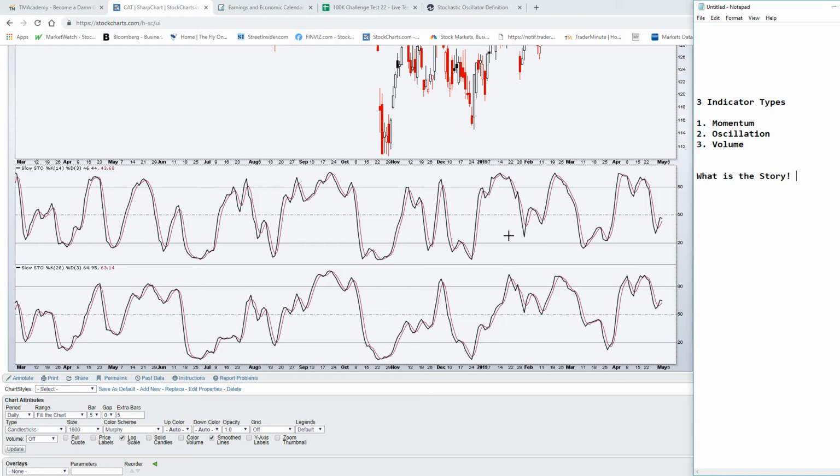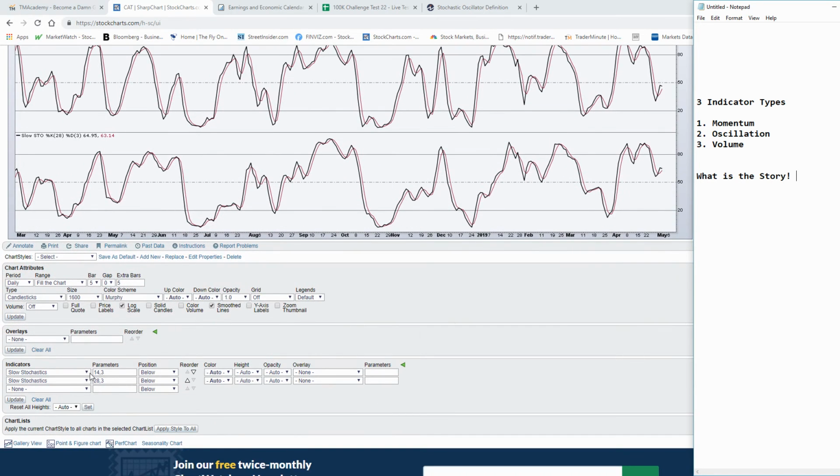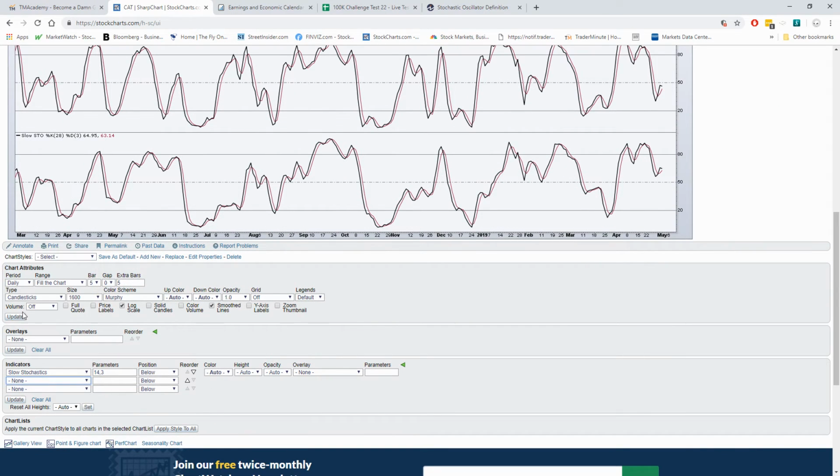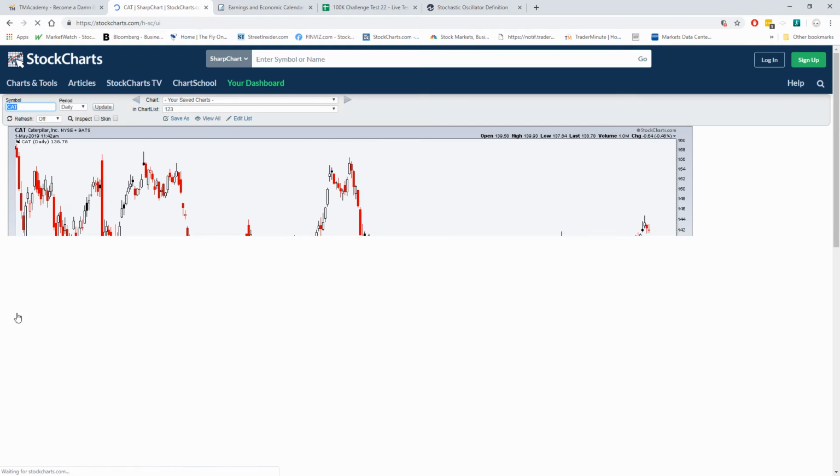But George Lane talked about this indicator being an indicator to look at speed and momentum of price. And so we want to see when momentum is shifting, when momentum is changing. How do we see that, right? How do we come in and go, well, you know what, we do have some momentum changing. Let's just come in here to the stochastics, the 14.3.